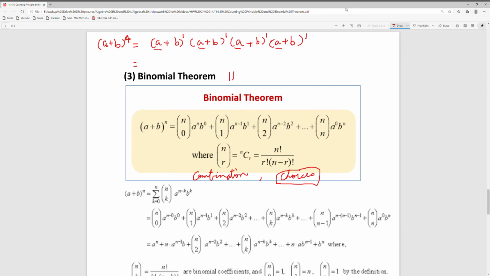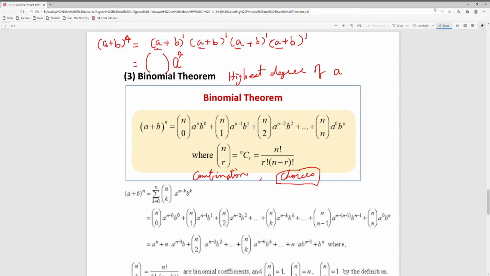The highest degree of a is when you choose a times a times a times a, right? But how many choices can we think about? The highest degree possible is fourth degree.